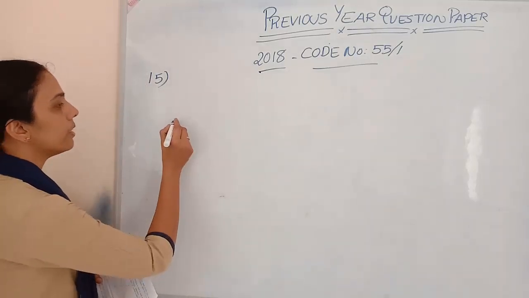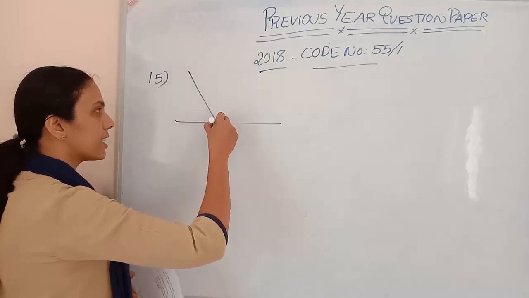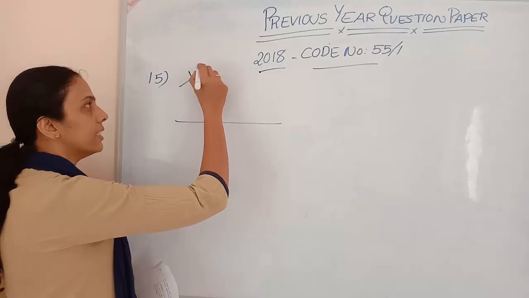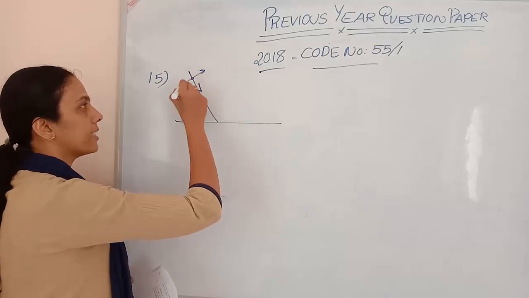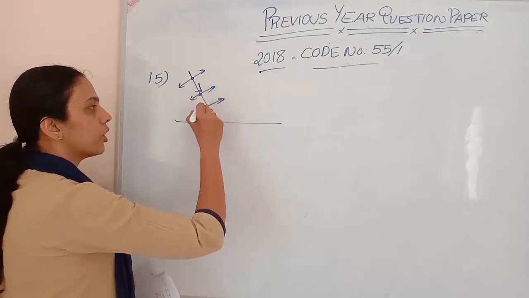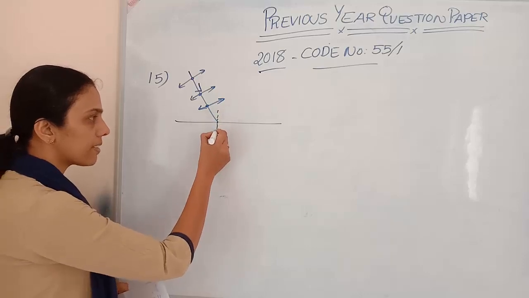So here this is a transparent glass plate. A light ray is incident. It is unpolarized light. This is the representation of unpolarized light. When it comes here, this is the normal.